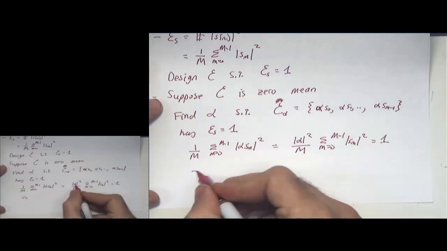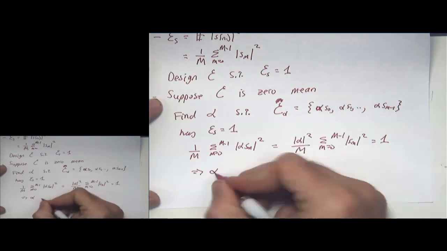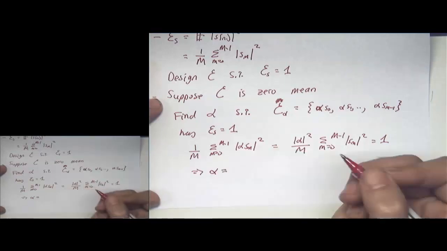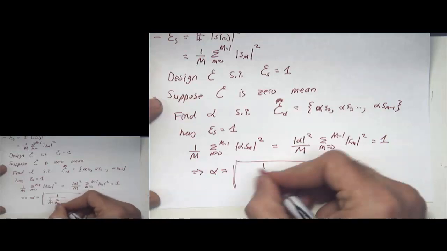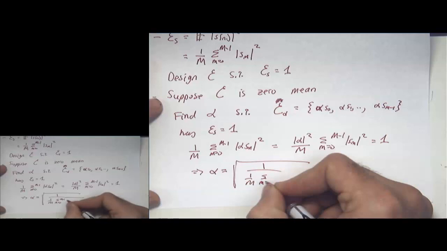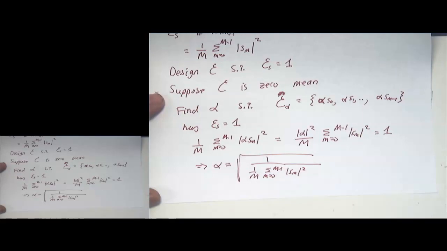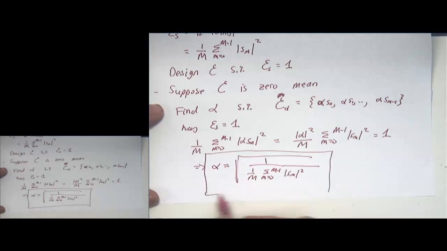Because we have the magnitude squared here, we can arbitrarily assume alpha is real. We're going to assume it's real and positive. I suppose you could have a negative, but it doesn't make any sense here. So alpha is the square root of 1 over M, sum from m equals 0 to M minus 1 of S of m squared, all inverted. That just gives you the scaling factor that you need to create a constellation that is equivalently unit energy.